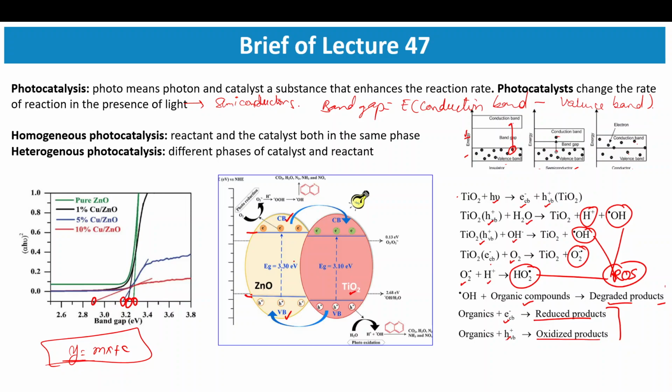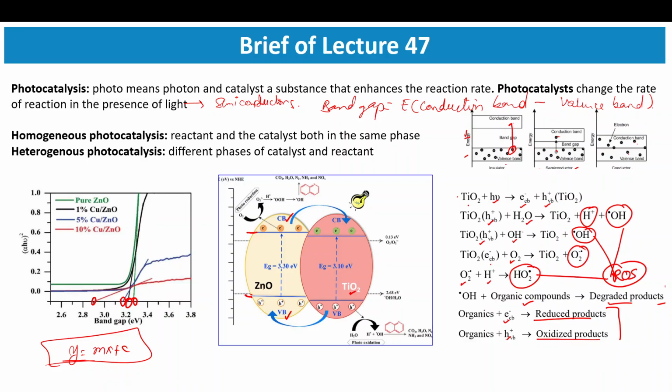So basically when light is incident on the photocatalyst, holes are formed in the valence band as the electrons get transferred to the conduction band, right? So an electron-hole pair is formed. Now when this electron-hole pair is formed, they are very reactive.